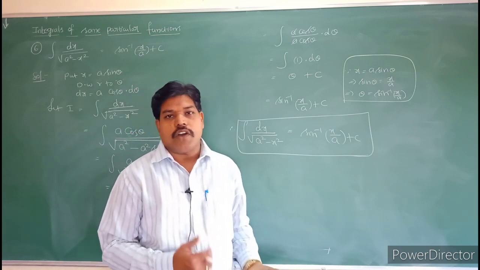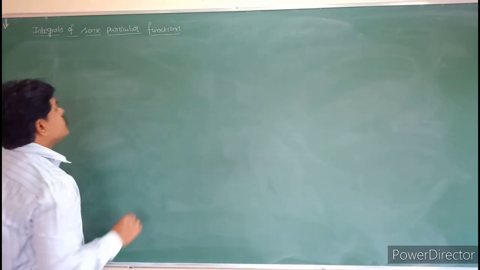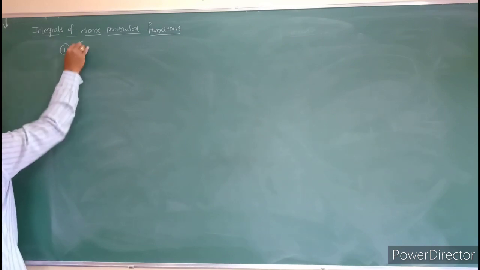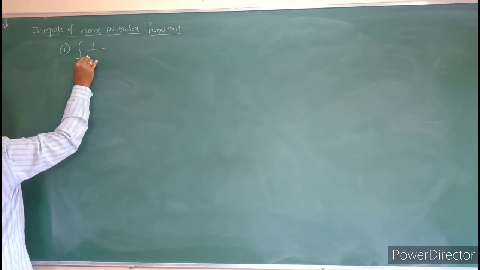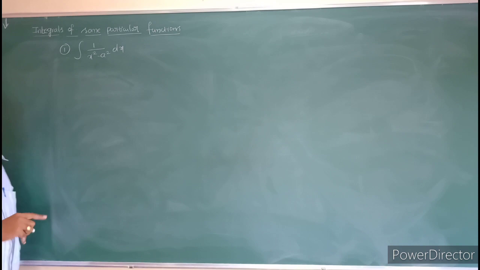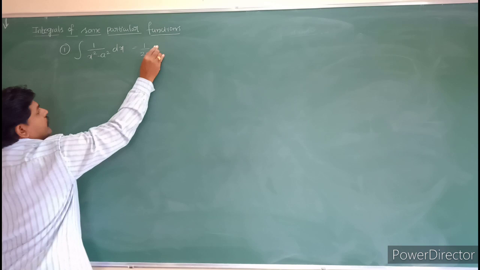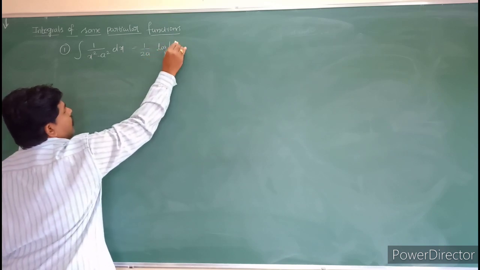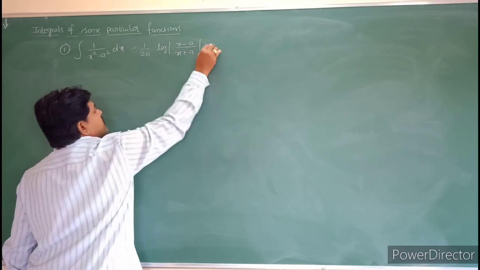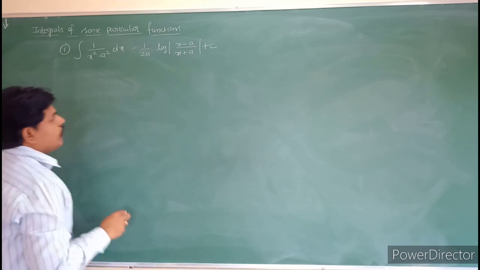So see this condition, students. We are going to use these formulas in the problems. See the formulas once again, students. These are very important formulas. First one: integral of 1 by x square minus a square into dx. That is 1 by 2a into log of mod x minus a by x plus a plus c.